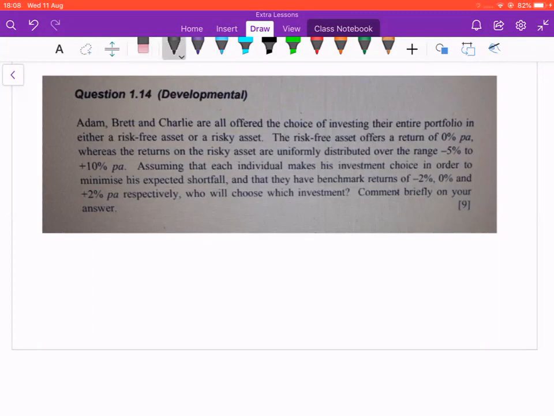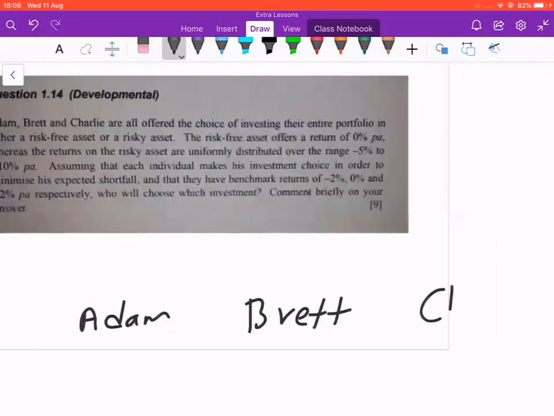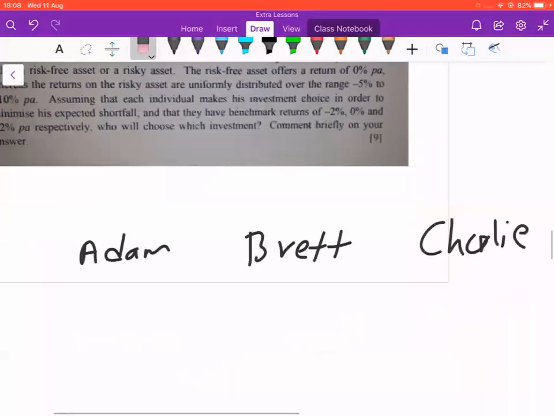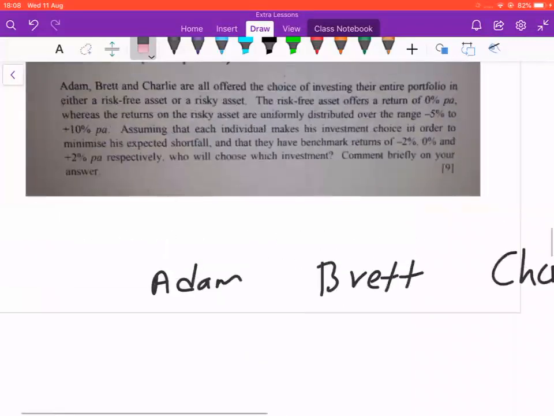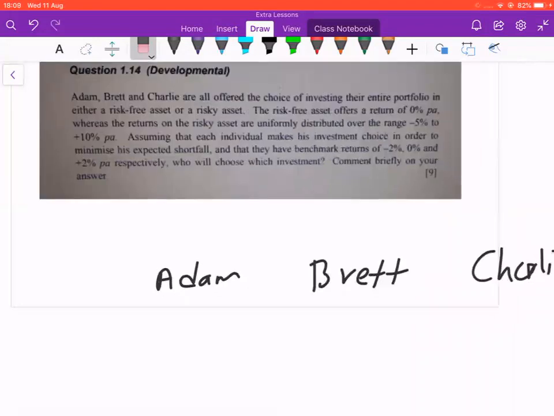I think I should write them down. I will have Adam, Brad, and Charlie. So they are all given the opportunity to invest in either the risk-free or the risky asset. I will start with risk-free, because there is no need for risk.